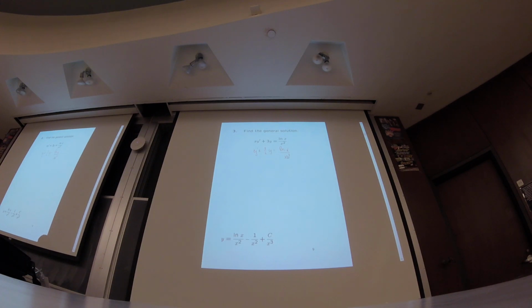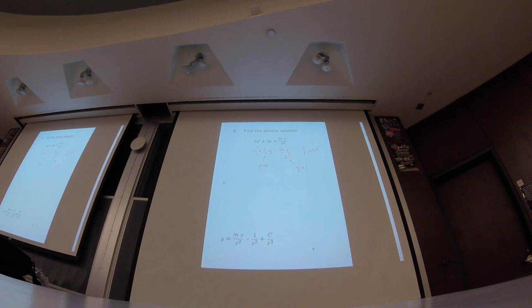And that's linear. This here is p of x, and this here is q of x. So it's linear. Now I know how to solve a linear equation.